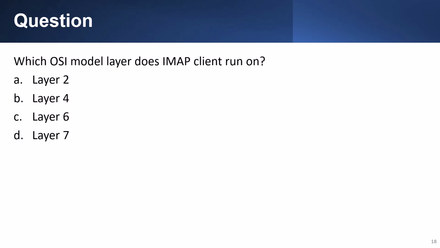Question: which OSI model layer does IMAP client run on? Answer: Layer 7, which is the application layer.